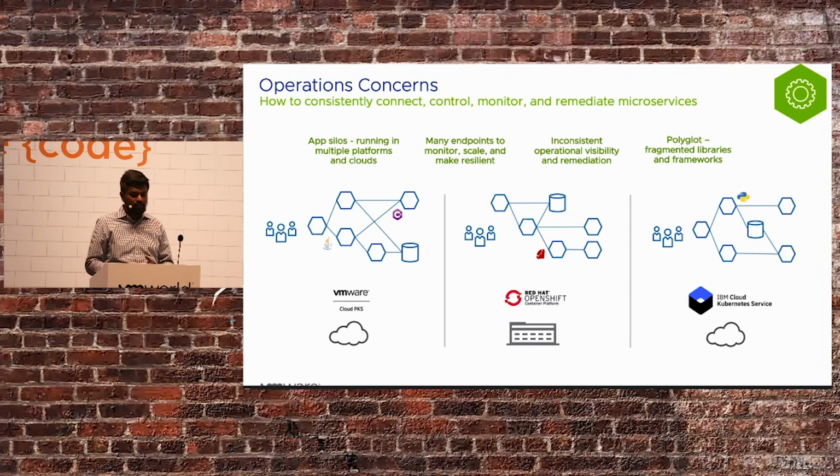So now that we've actually looked at this, we take this one step further into how do I operationalize something like this? There are a bunch of challenges that you start to see at this point. So number one is around app silos, right? When you look at the different languages that are being utilized, so you could be leveraging Java, you could be leveraging Node.js or Ruby or whatever, there's now silos of how you're actually communicating. There's different libraries in all of these things that they need to communicate.